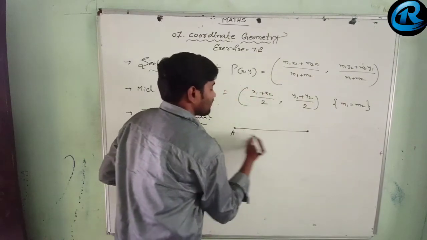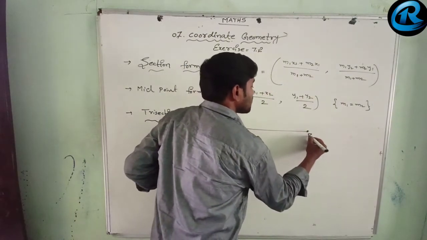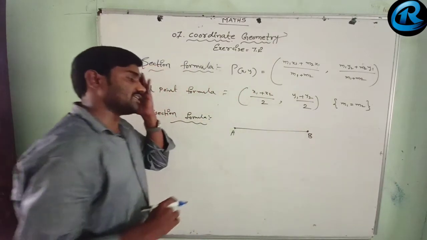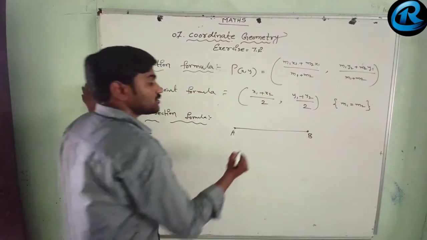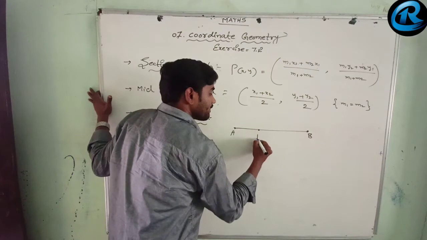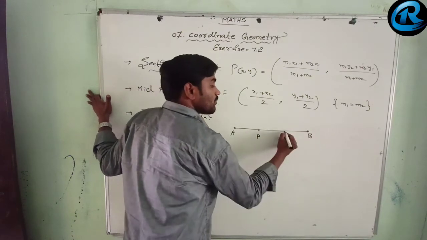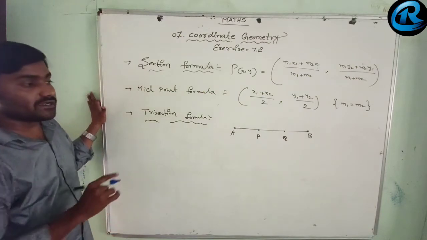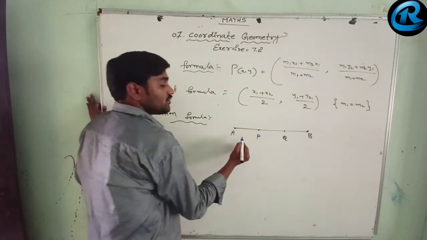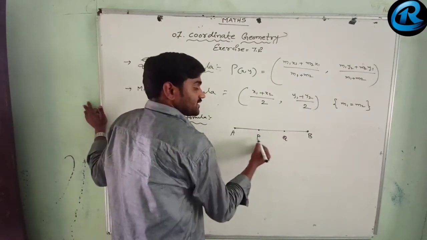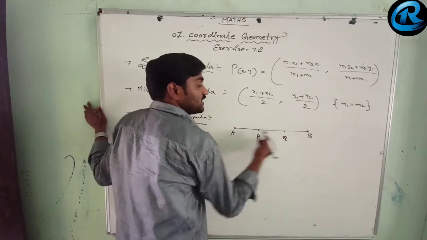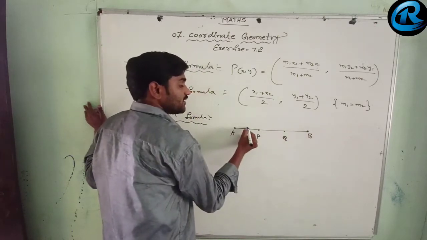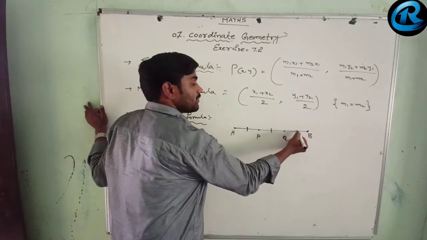Suppose AB is a line segment, and there is a point P here and a point Q here. Now these 2 points are dividing this AB line segment into 3 equal parts.